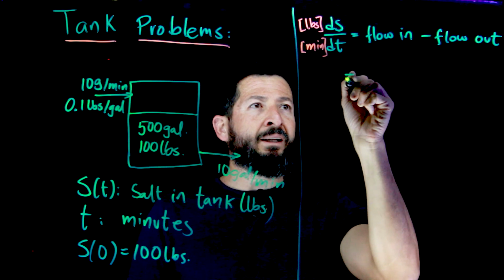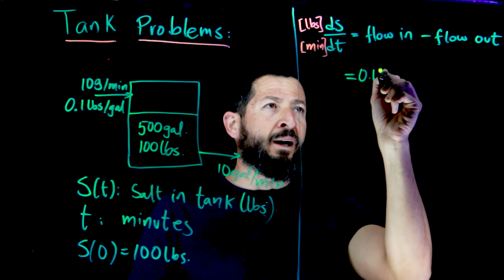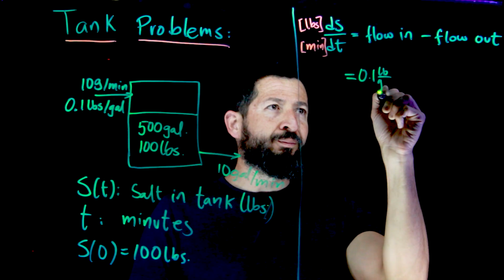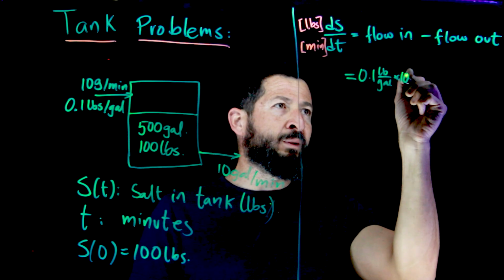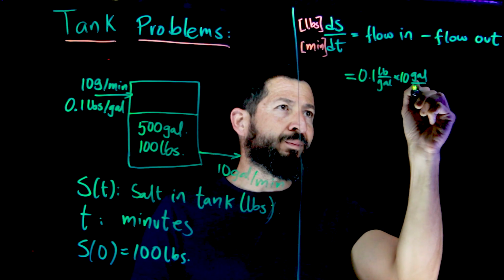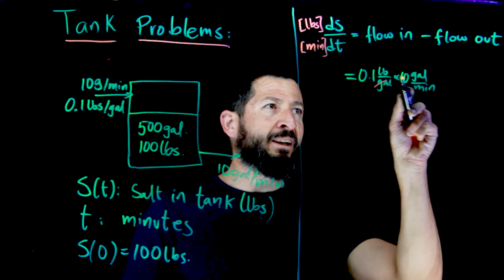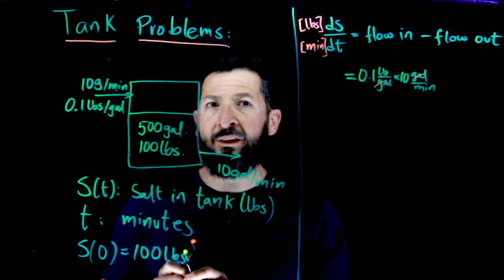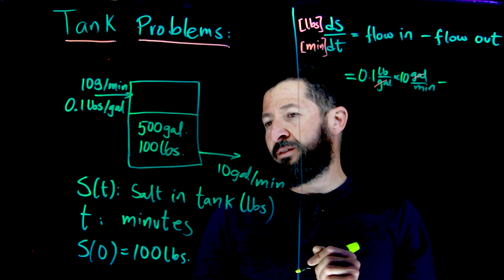All right, so let's see how that works out. So the flow in, we have 0.1 pound per gallon, but there's 10 gallons flowing in per minute. And we see how gallon cancels gallon, and we get pounds of salt per minute. And then minus, here I need the flow out.